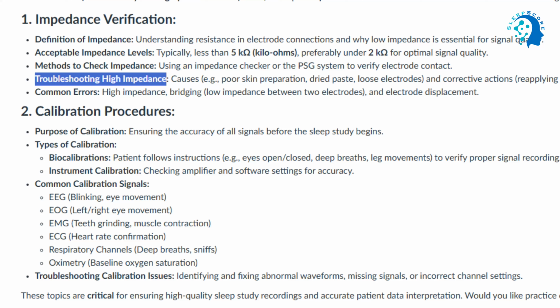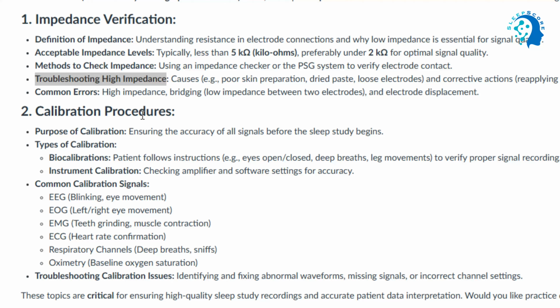Practically, when the impedance level is high, it is red, the lead will come off, or when the lead is off, then the impedance level is pretty high. So that means we have to fix it.